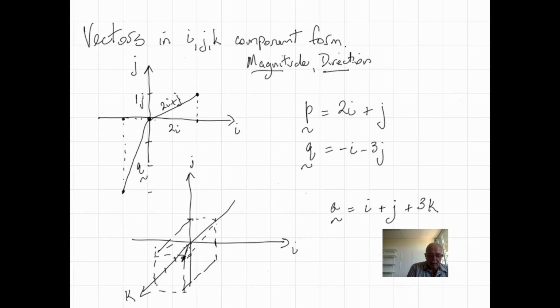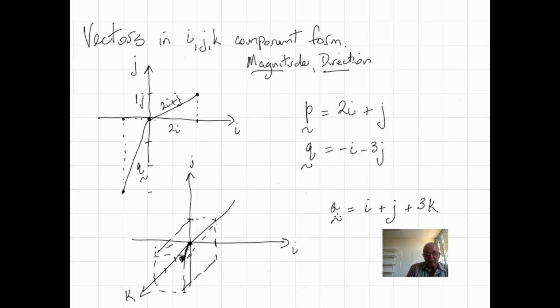It would start here and come out to there. So that's come 1 unit to the side there in the i direction, 1 unit up in the j direction, and it has come 3 units forward. So if you can imagine some sort of rectangular prism there, and we'll start at the origin and come out to the point that is 1, 1 and 3.